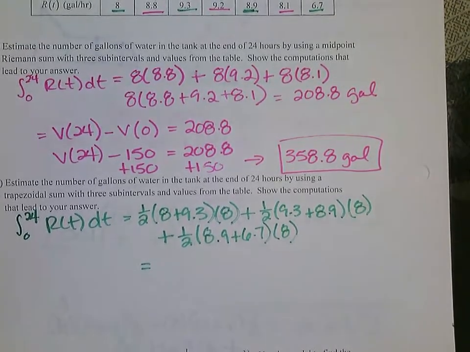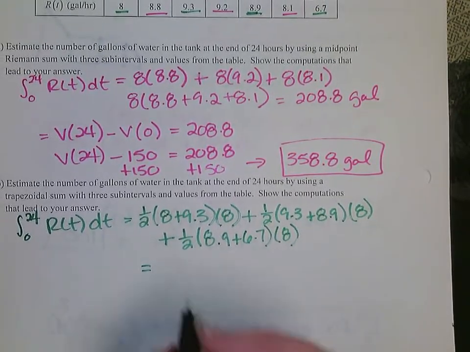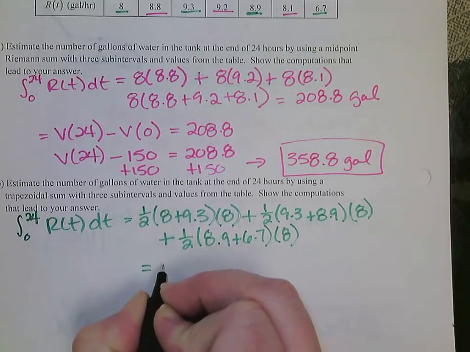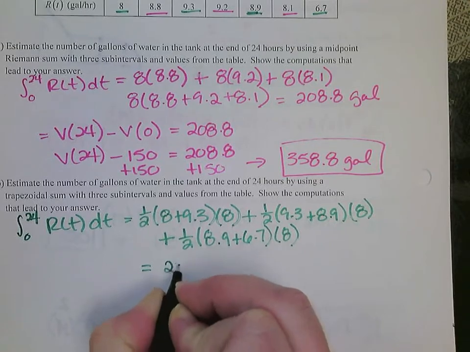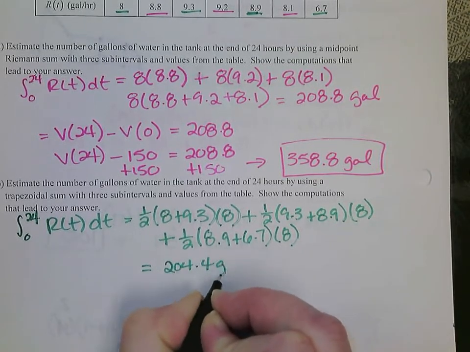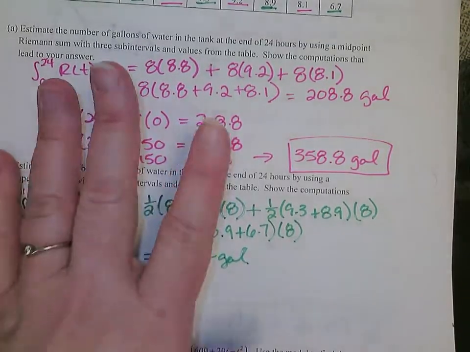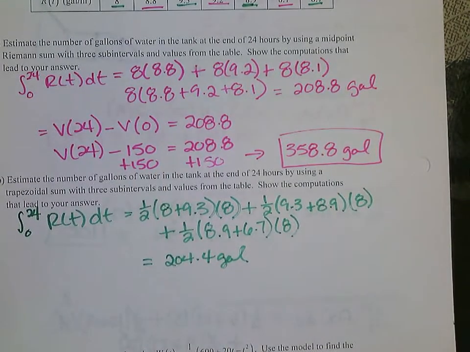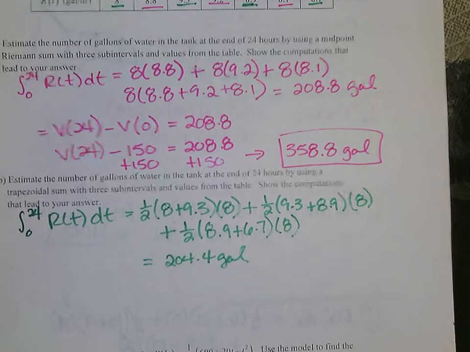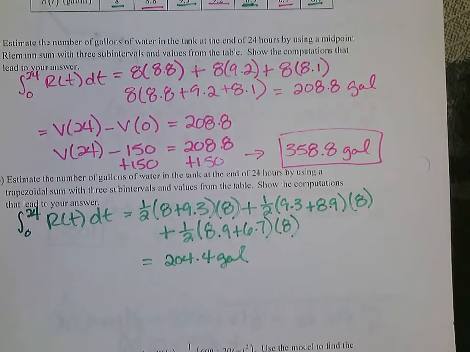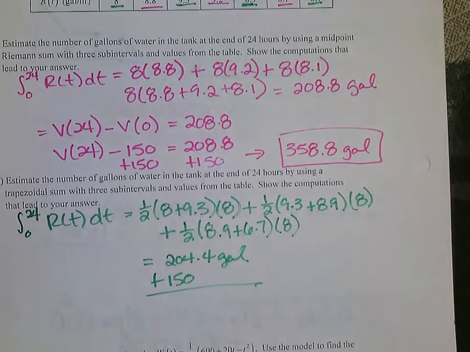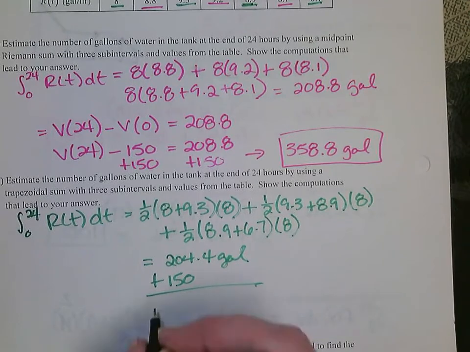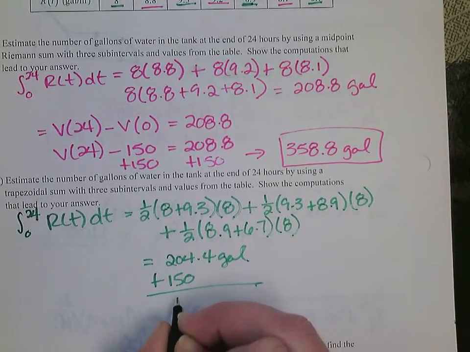What'd you guys get for that value? What about just the area? 204.4 gallons. We could think of this as the fundamental theorem, or we could just think of it as if I started at 150 gallons and I added another 204.4 gallons, then the volume at the end of that 24-hour interval would be 354.4.